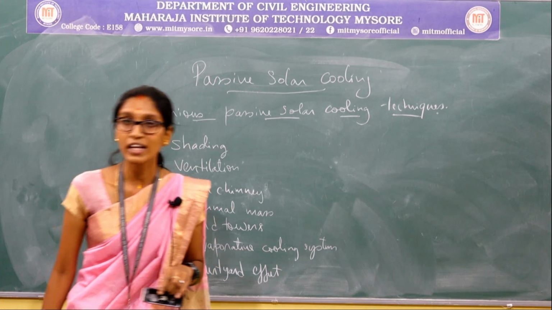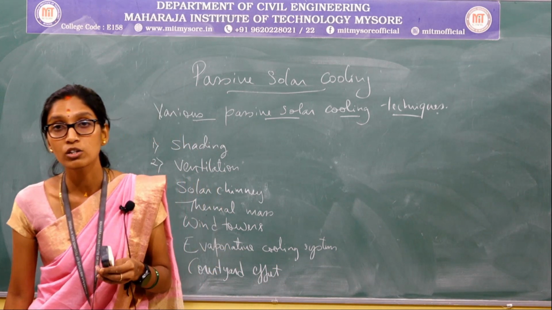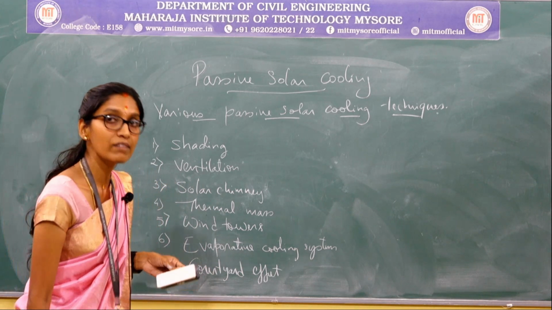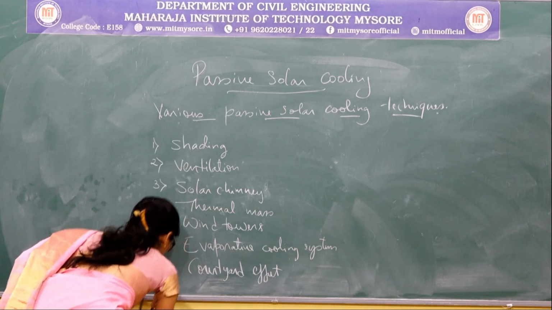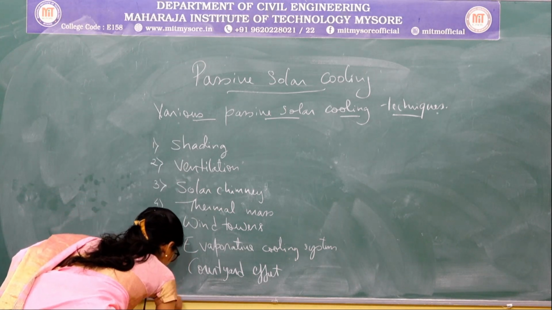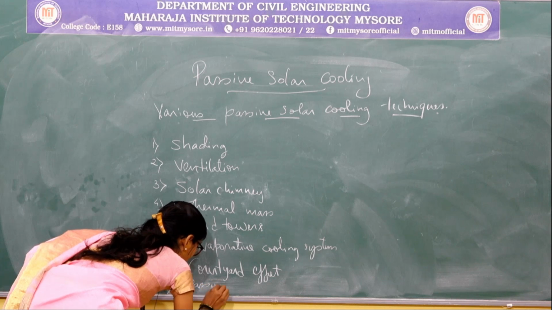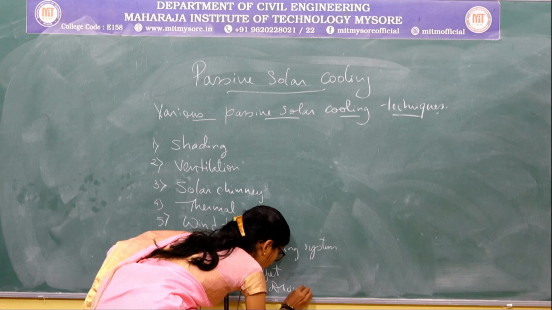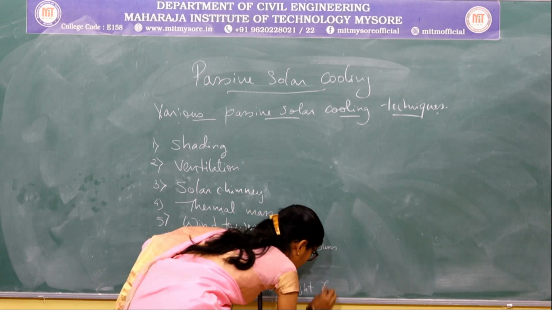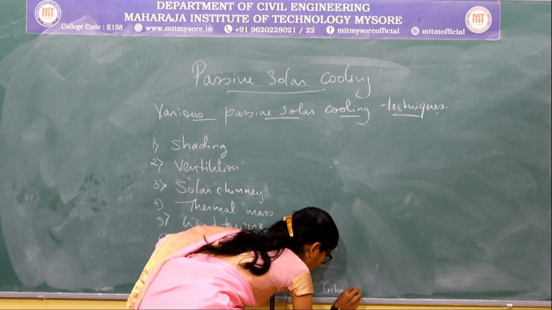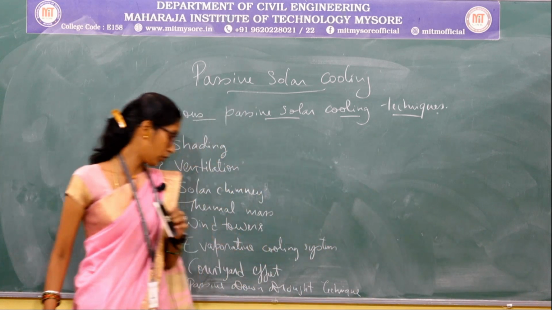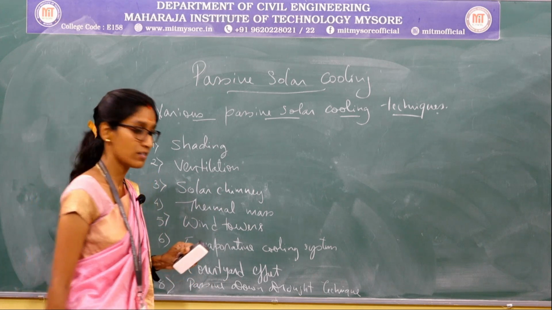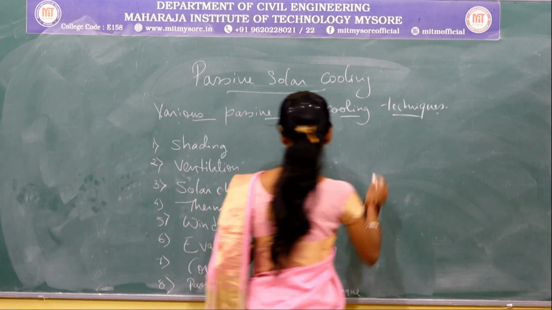So the next technique which can be utilized in order to have passive cooling in a particular building is the passive downdraught technique. And the next method is lattice screens.